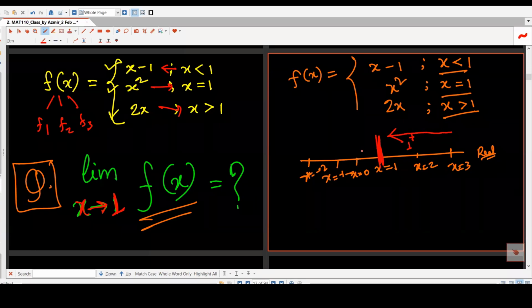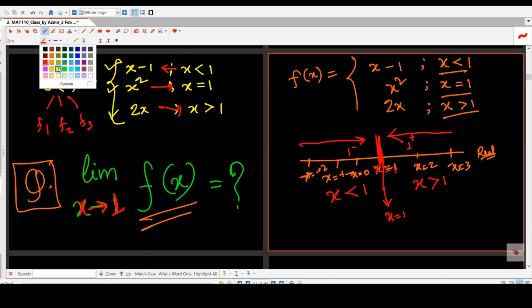Similarly, the left side of 1 can be thought of as 1 minus, or we can say we are coming from the left side towards 1, because we want to evaluate the limit as x tends to 1. So that is our target. Now 1 plus is mathematically known as x greater than 1. 1 minus is known as x less than 1. And x equals 1, you already understood, is the same thing.